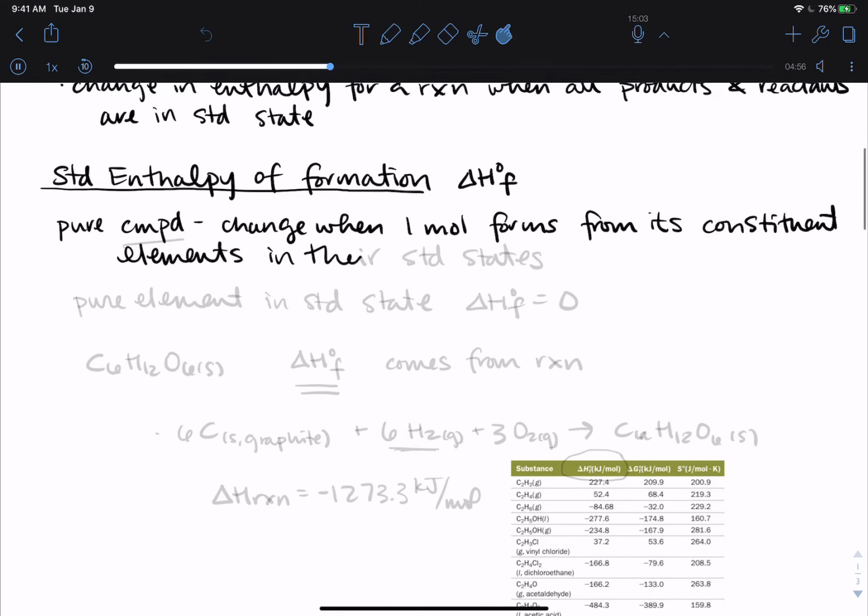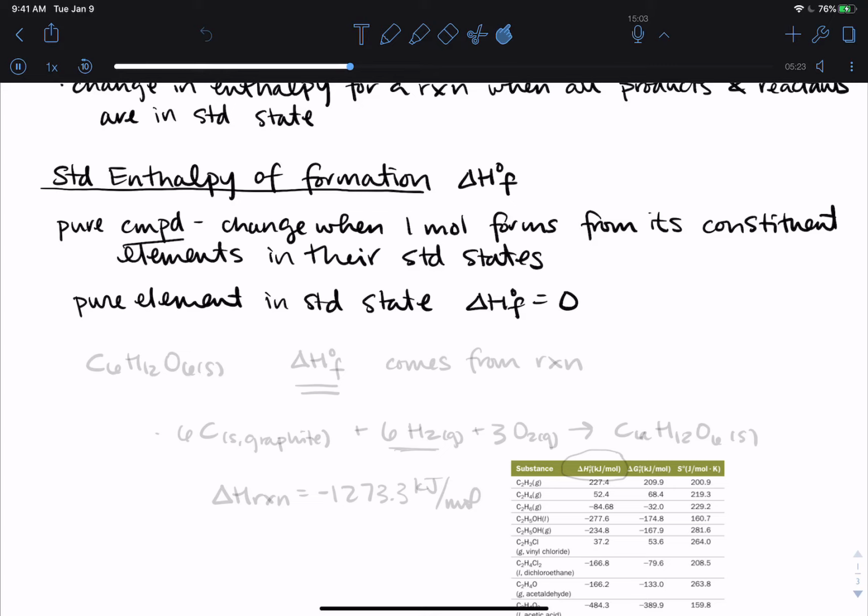And to go with this, so this was for a compound, for a pure element in its standard state, its standard enthalpy of formation is 0.